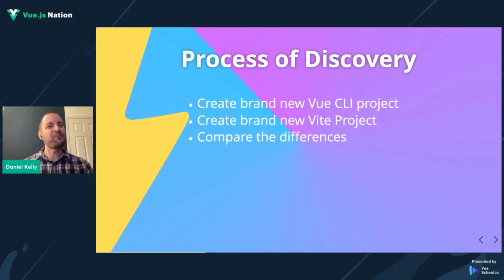Okay, so you caught me. It wasn't really that difficult of a process, but I did want to share with you how I came about these steps, just so that you know the scope of what I'm going to share. I completely understand that a brand new Vue CLI powered project is not the same thing as a Vue CLI powered project that's been existing for months or even years, right?